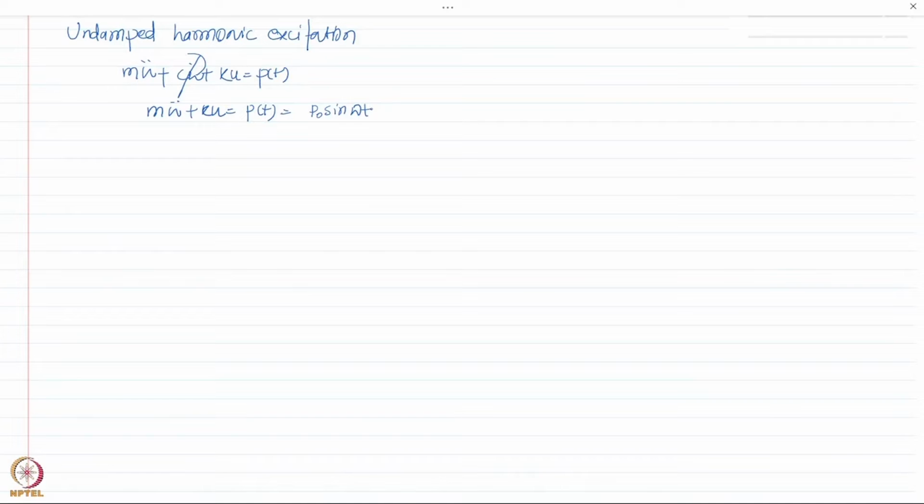So this excitation I am representing as p(t) equal to p naught times sine omega t. p naught is the amplitude of the force that is being applied, so basically it is the peak value of the applied force.